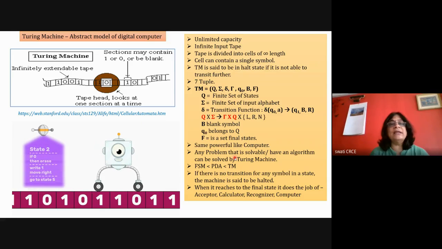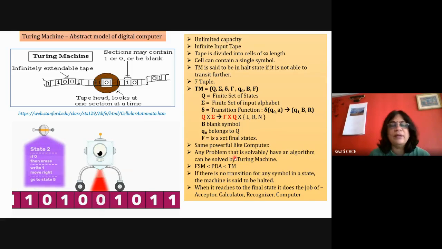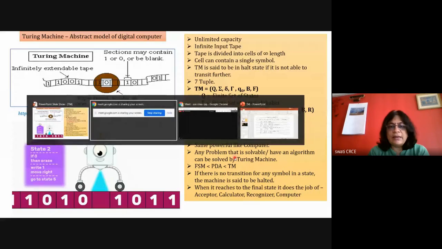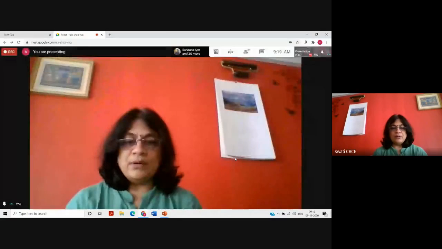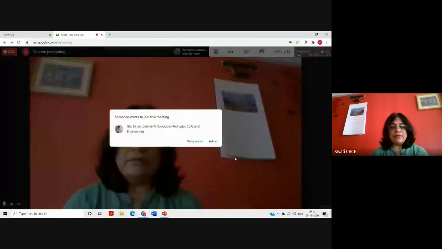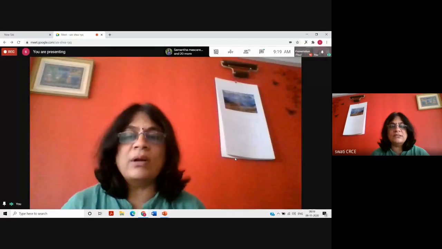But the Turing machine can identify whether the problem is solvable or unsolvable. That is the characteristic of the Turing machine.